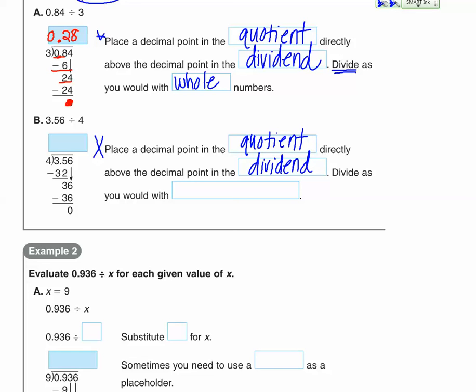Remember, the dividend is the first number, so 3 and 56 hundredths is the dividend. 4 is the, do you remember? Divisor. So we place the decimal point in the dividend right up on the quotient line, straight up above it. So go ahead and do that.